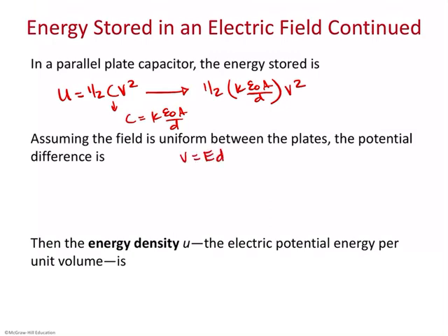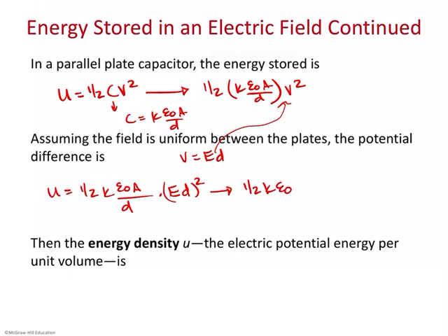Now remember that voltage was equal to electric field times distance. So now if I take that and plug it in there, potential energy is 1/2 times K times the permittivity constant times the area divided by distance times electric field times distance, and that's squared.